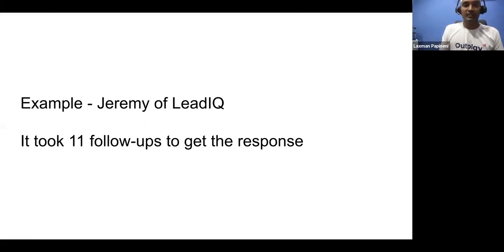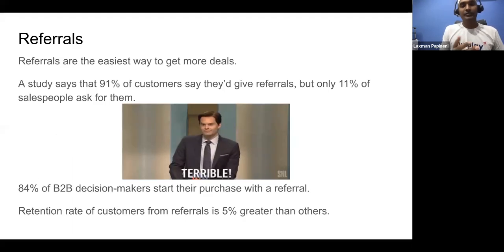12 and beyond that. And referrals is the one other thing that a lot of salespeople don't make use of, as we have seen in the previous example on LinkedIn, where actually a customer came and endorsed the product. So getting endorsements or referrals from existing customers is one other big channel, and it works really well. 91% of customers say that they're ready to give referrals, but only 11% of salespeople ask for them, right?